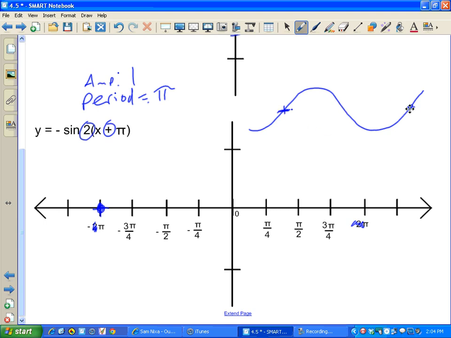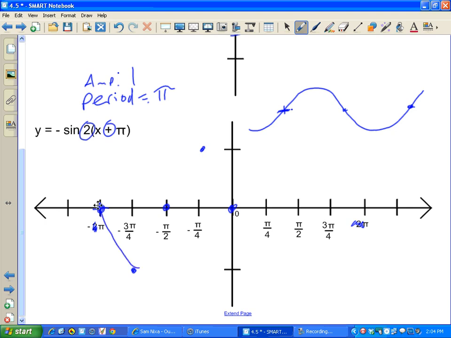Okay, so I'm going to cross 0 again. So I'm going to go pi away from here, which puts me here. There I'm at 0 again. Halfway between there, I'd be at 0 again. Halfway between these, I'm at the maximum. Maximum being up 1, but now since it's negative, I'm actually going to go down 1. Halfway between these, I'm here. And I could repeat the cycle again.